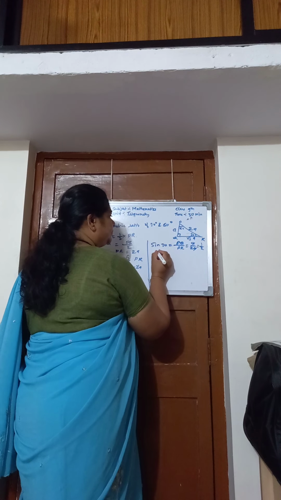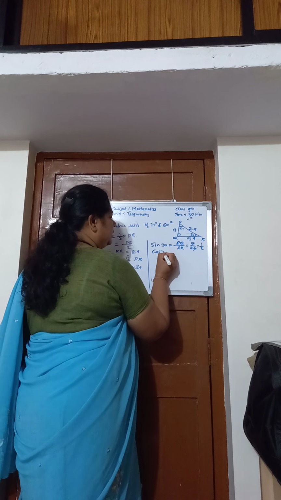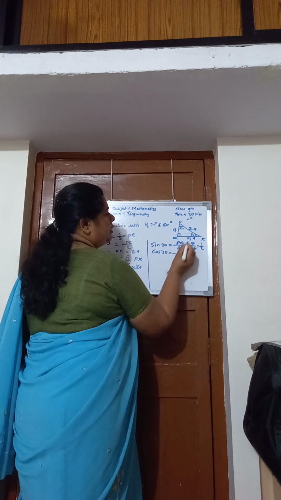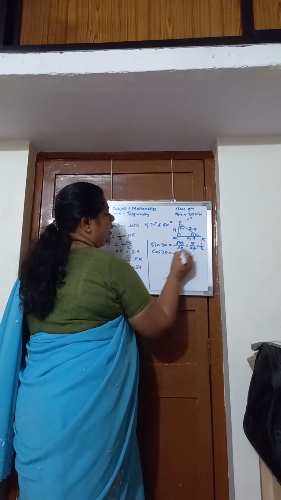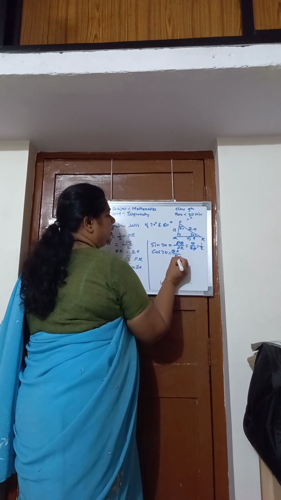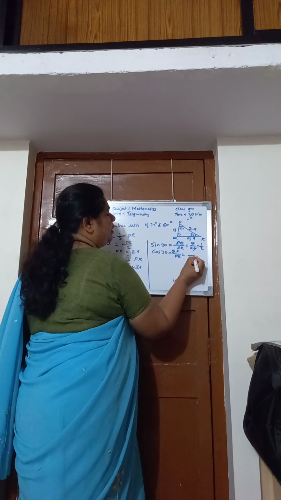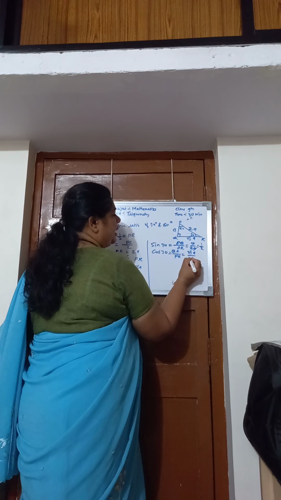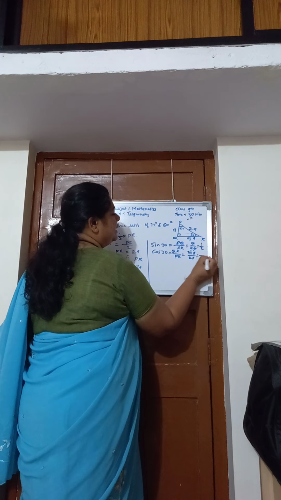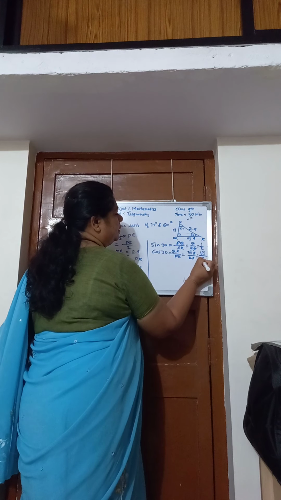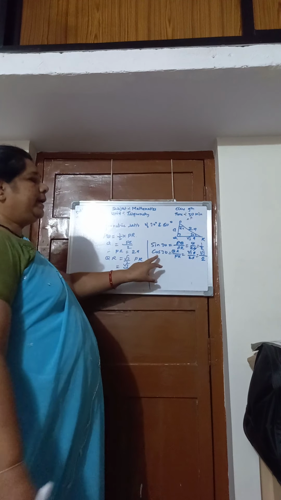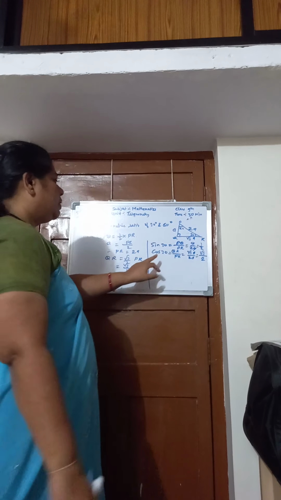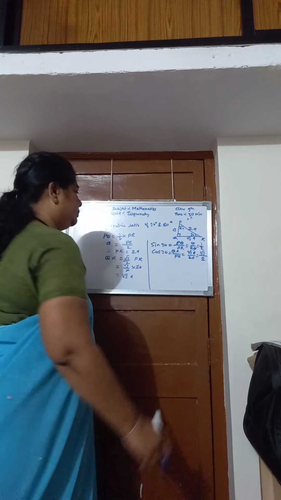Then cos 30 equals QR upon PR. QR equals root 3A upon PR equal to 2A. A gets cancelled. The value is root 3 by 2. Got it, everybody? Cos 30 equals root 3 by 2.